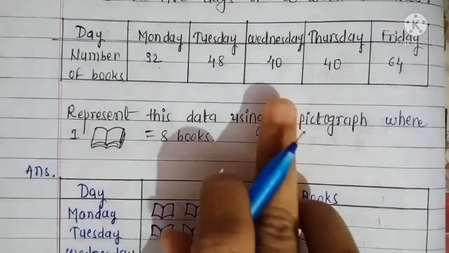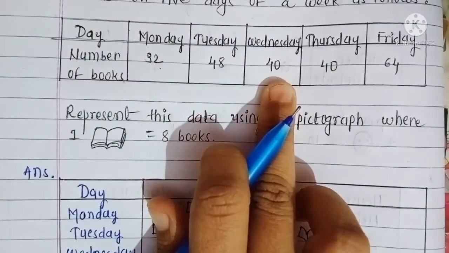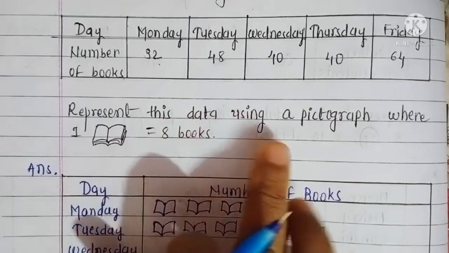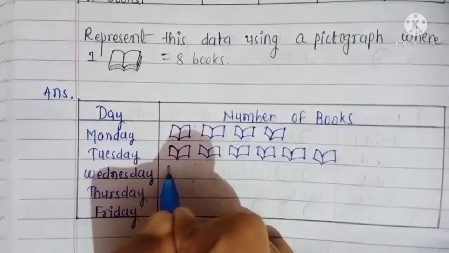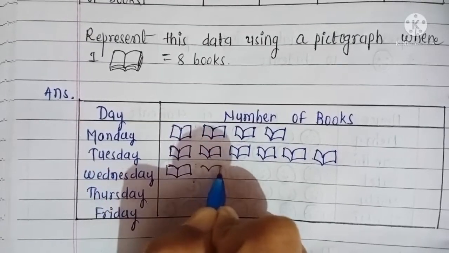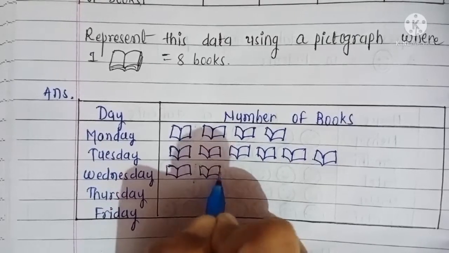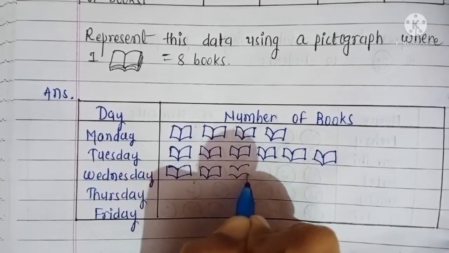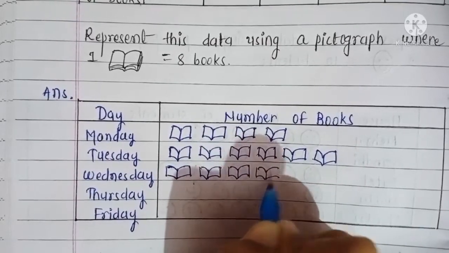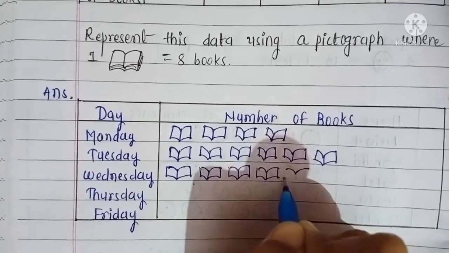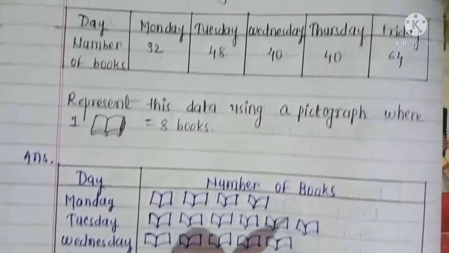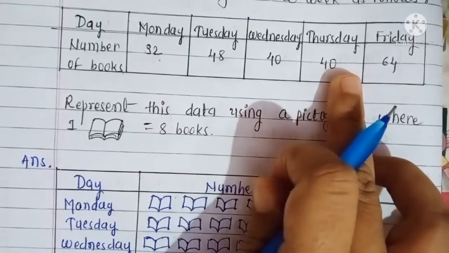Next, on Wednesday, there are 40 books sold. So we draw 5 symbols as 8 5s are 40. Next, on Thursday there are 40 books sold.